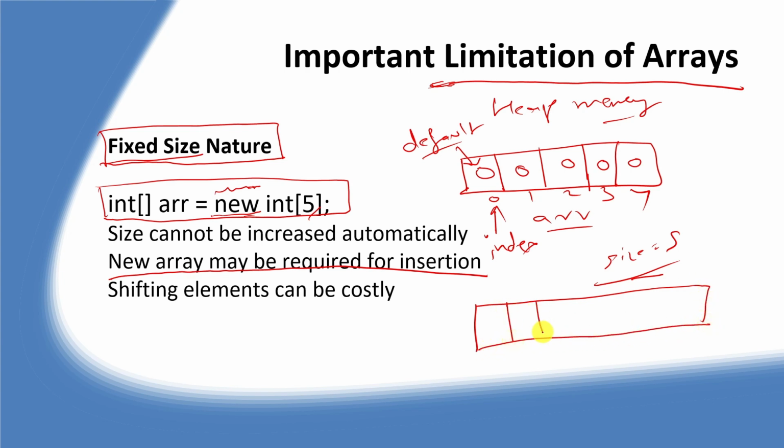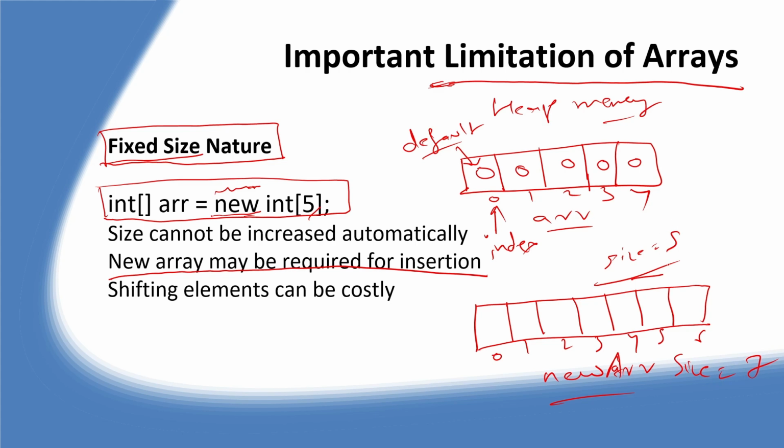So 1, 2, 3, 4, 5, 6, 7. So it is 0, 1, 2, 3, 4, 5, 6. So this is new array with size 7.